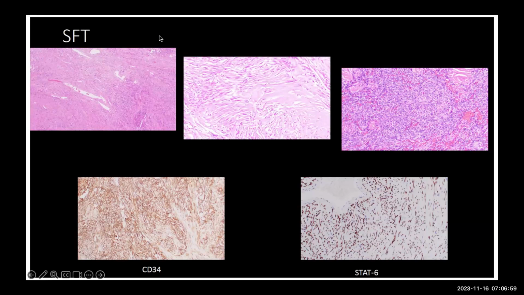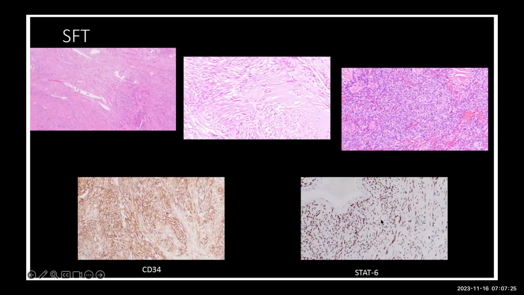Low power at the top left shows some staghorn type blood vessels. That's what we used to call some of these tumors hemangiopericytoma, and that elongated branching vascular pattern was emphasized in the diagnosis. Now things changed a little bit.